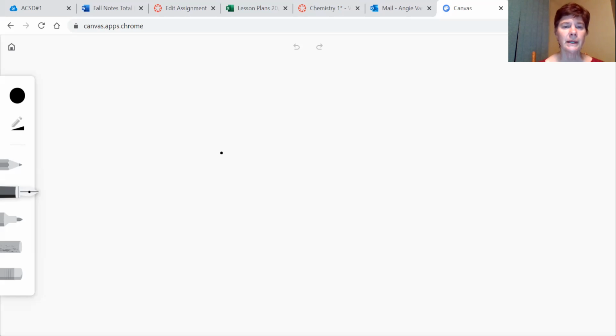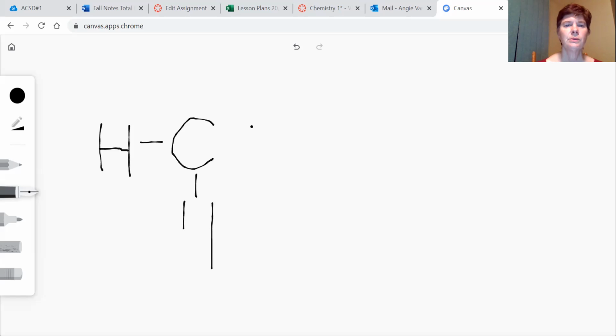We have carbon then that I'm drawing as the central atom. And we're going to single bond the other atoms to it. So we've got a single bond to a hydrogen. Another single bond to a hydrogen, so that's C with 2 hydrogens, H2.